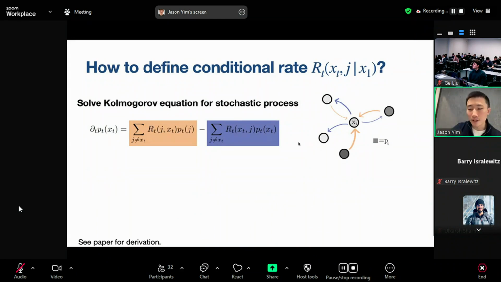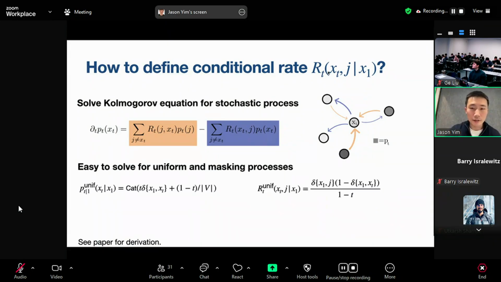And then how to define a conditional rate matrix. If you want to get into the math of it, you have this Kolmogorov equation, which basically says the influx and outflux of your probability mass has to stay constant. How your probability changes, you have to make sure it's either equal or going in the right direction.